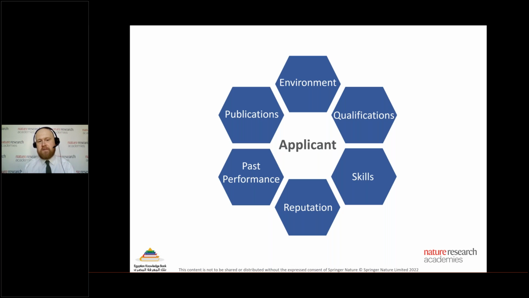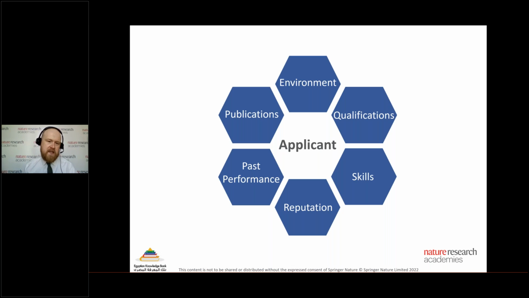You're the applicant. Let's have a think about what attributes of you as a researcher, as an applicant, they will be thinking about. Well, they'll be thinking about the qualifications that you have, the skills that you've built up in your career so far, your reputation, have you built up a good track record for yourself? Also, your past performance.